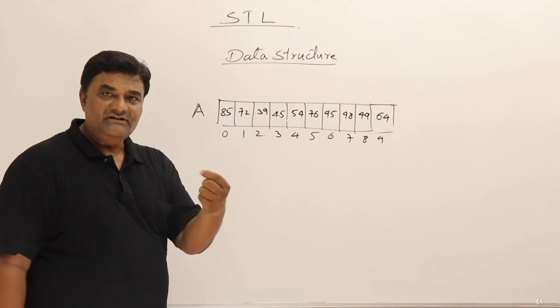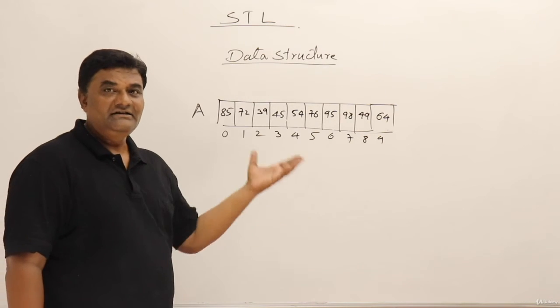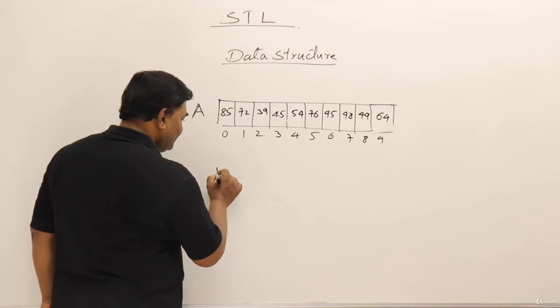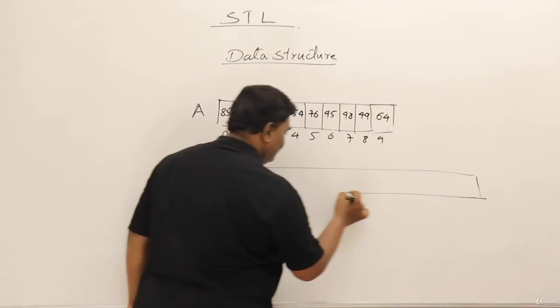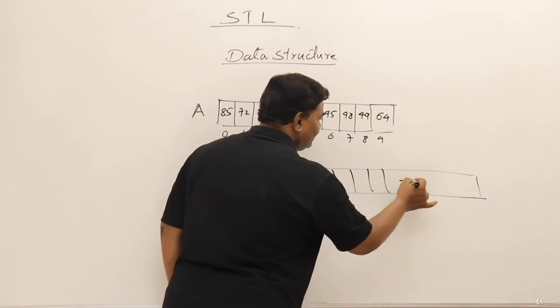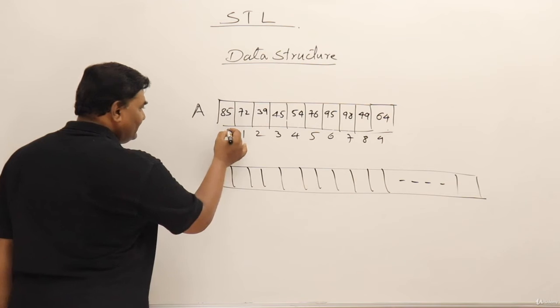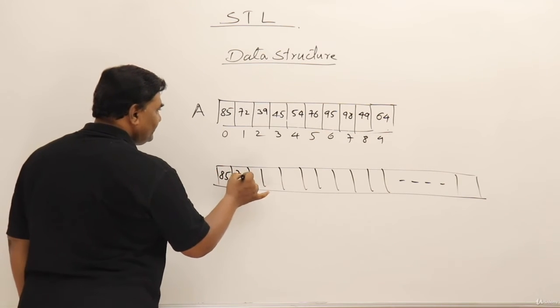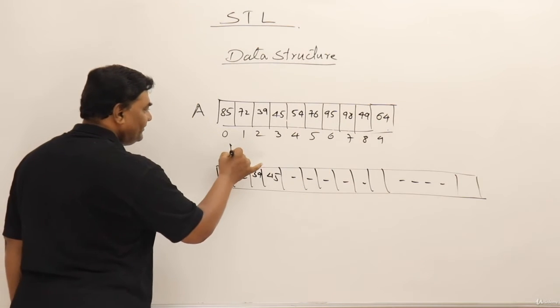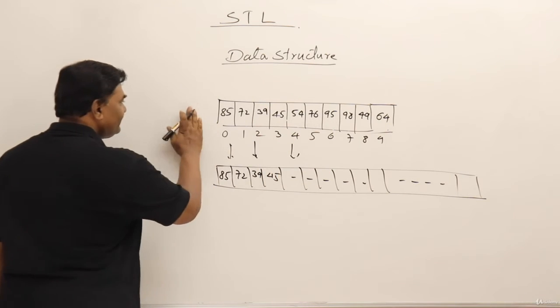So one logic I will show you, how we can increase the size of an array. We cannot increase the same size, but we can create a new array with bigger size, okay? Then we can copy all these elements 85, 72 and 39, 45 and so on, all these elements here, and this was A, right?